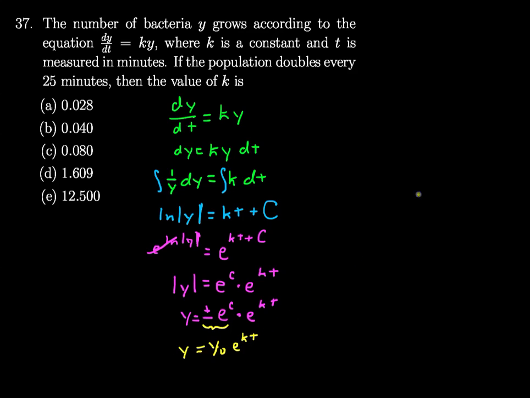Basically, what I'm trying to do is find the value of k that allows me to double every 25 minutes, which means that I will get to twice my initial y value when the time is 25.